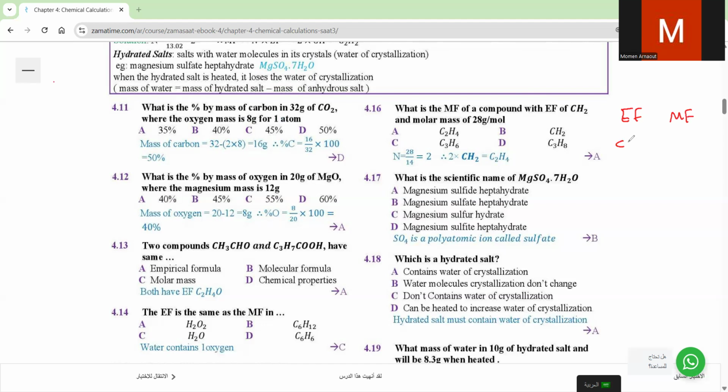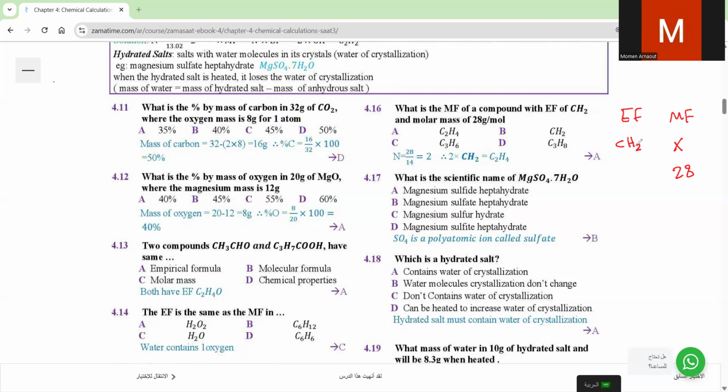The empirical formula, I know it, CH2. I don't know the molecular formula, but I know the mass of the molecular formula. The molar mass, it means the mass of the molecular formula, 28.